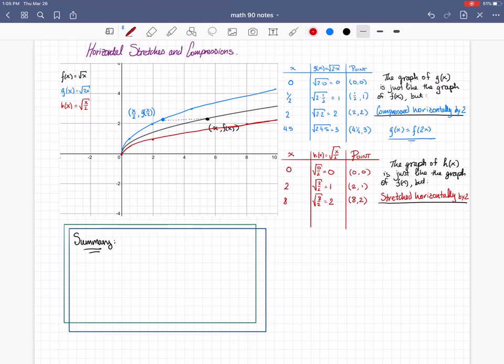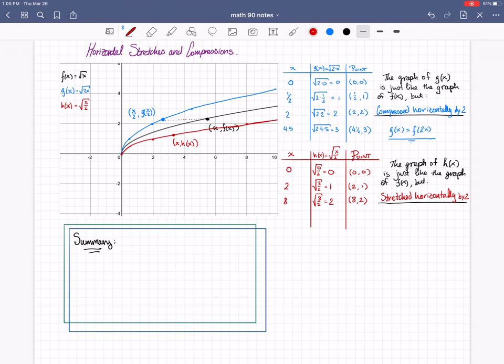Okay. So let's look here. Let's start with a point on the graph of h. So here's a point on the graph of h. We'll say that its coordinates are x, comma, h of x.